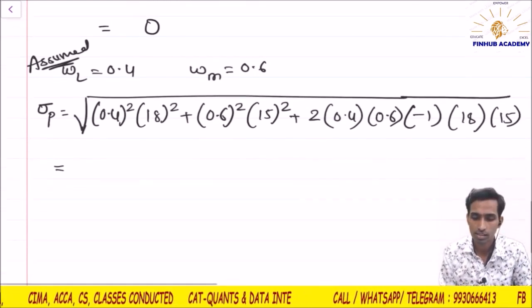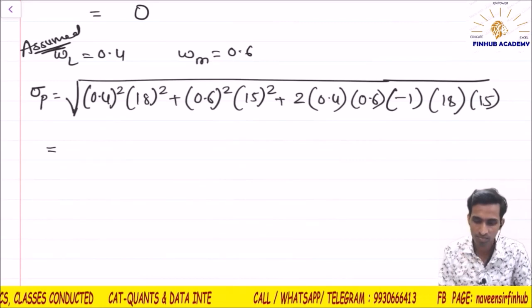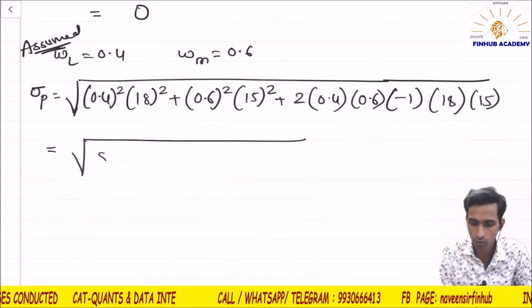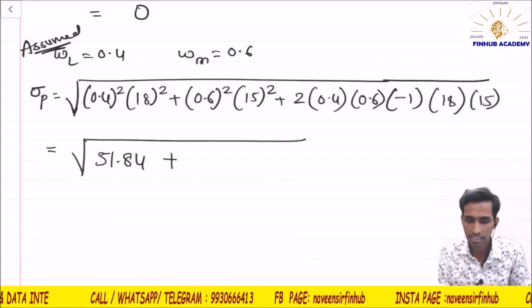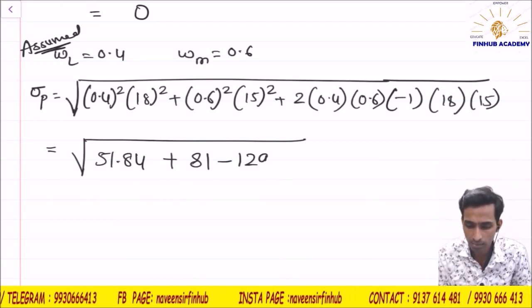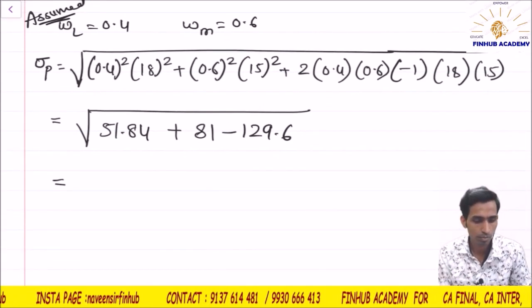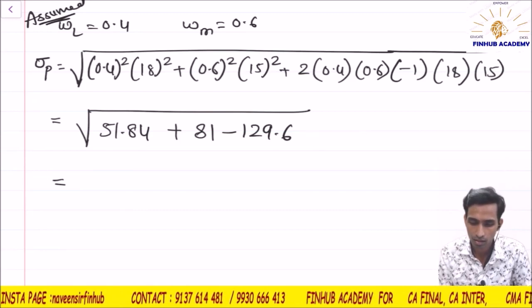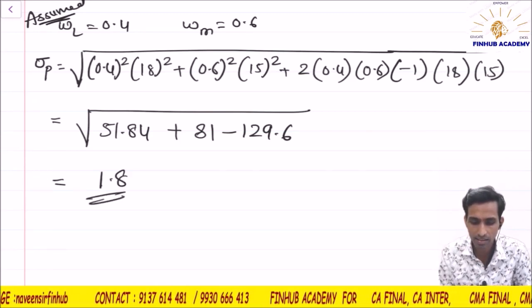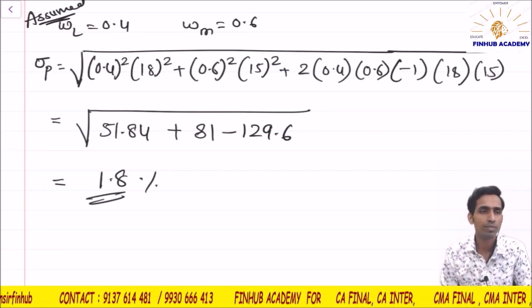Understood? So please see, first part is 51.84, second part 81, minus 129.6, so final answer is 1.8. See, it has not gone to 0.